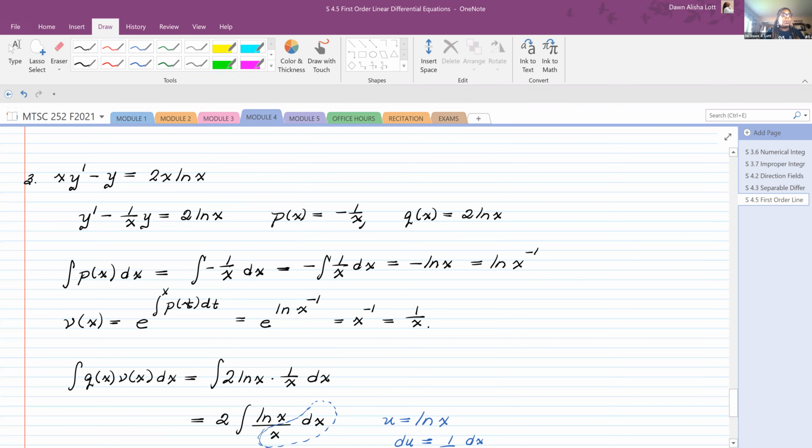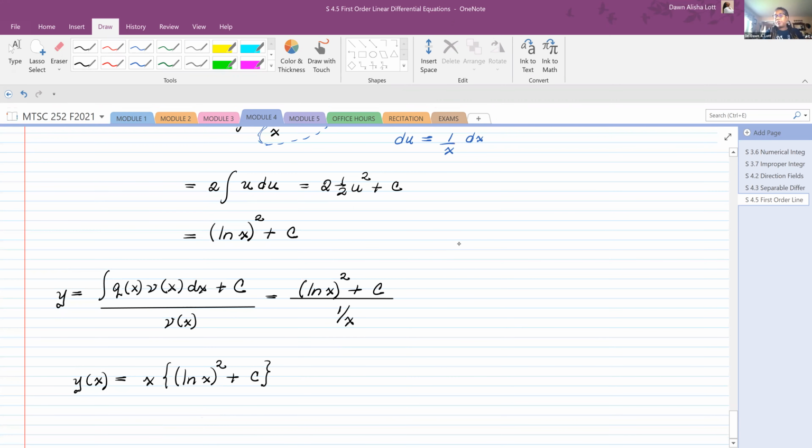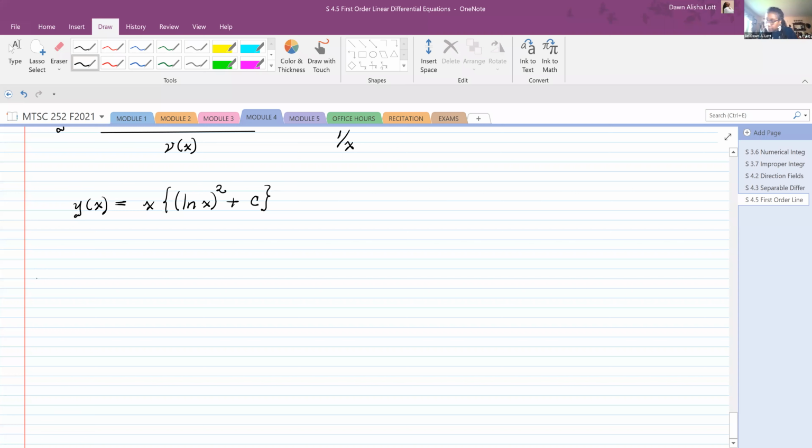We are going to do one more, and this one we're going to have to solve for C. dy dx plus xy is equal to x, y at 0 is equal to -6.